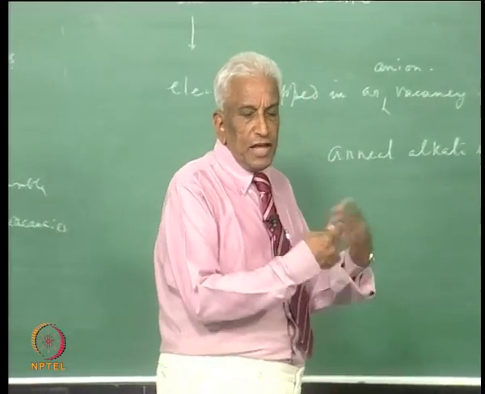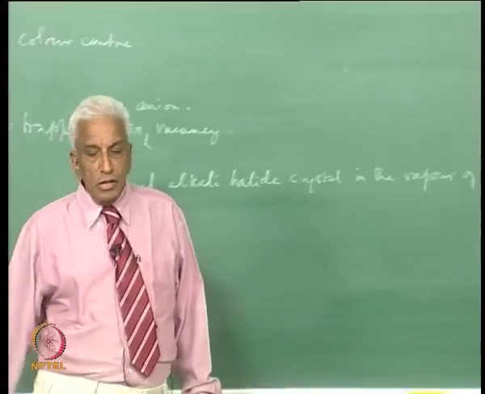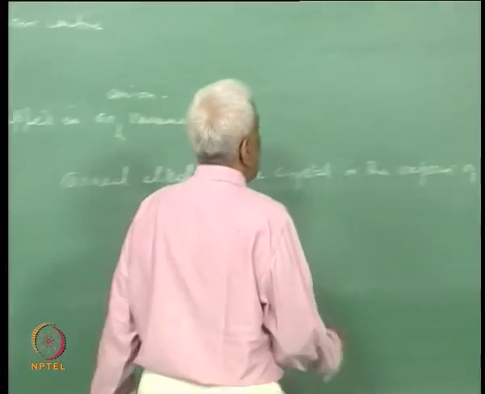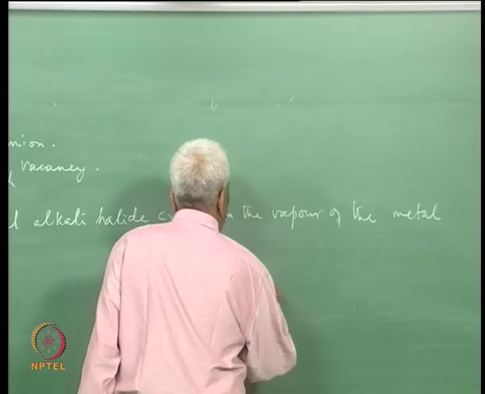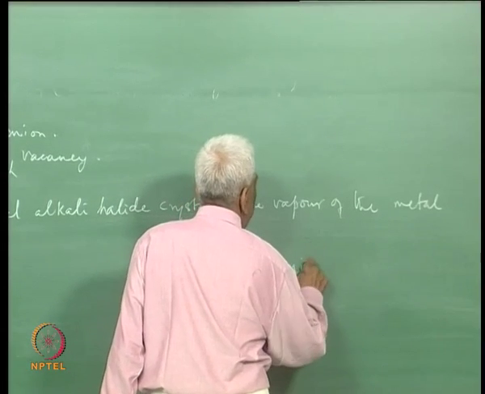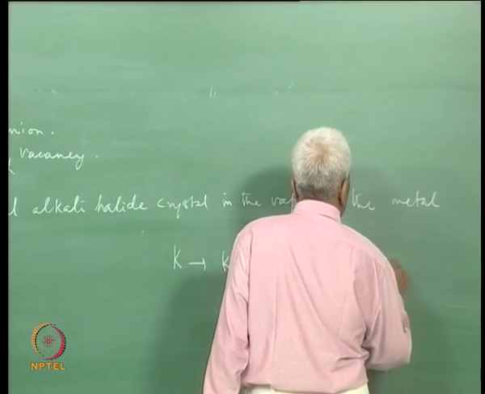So, the excess potassium atom creates a potassium cation and therefore, an anion vacancy and an electron. So, K gives K plus, anion vacancy for charge neutrality, plus electron.